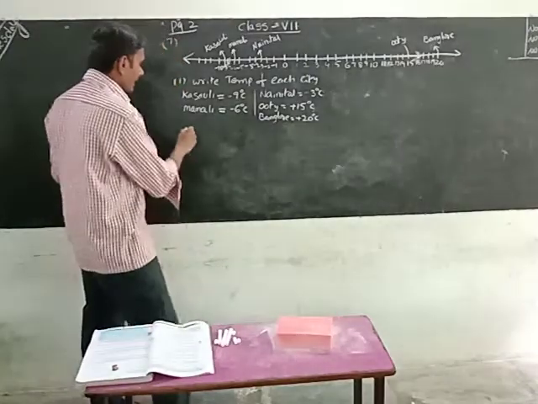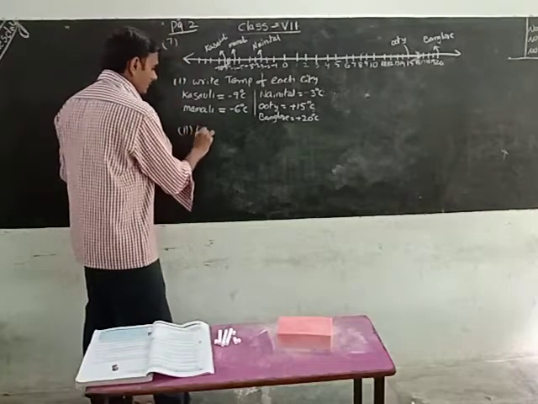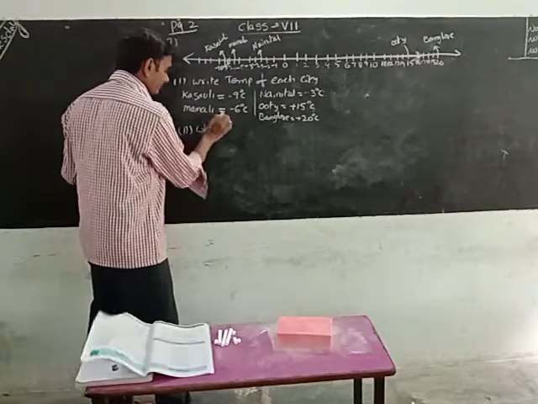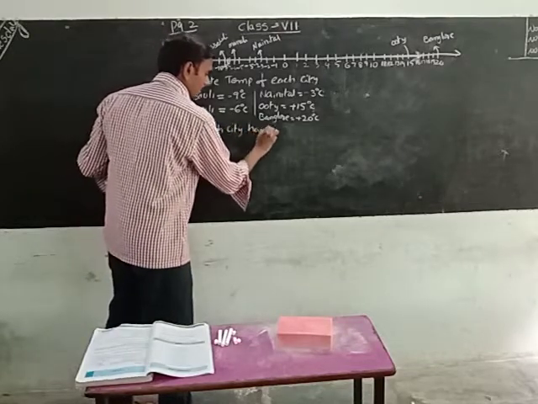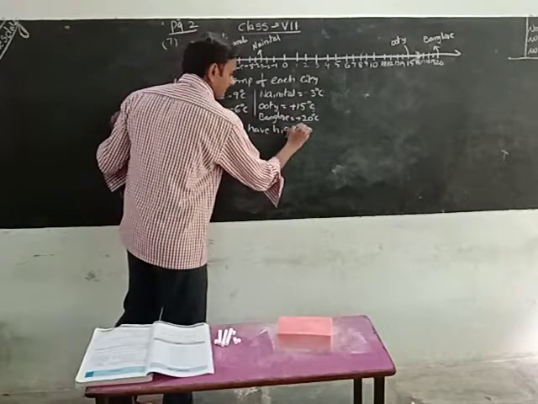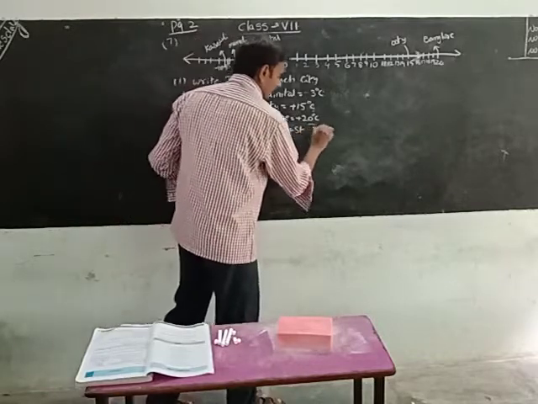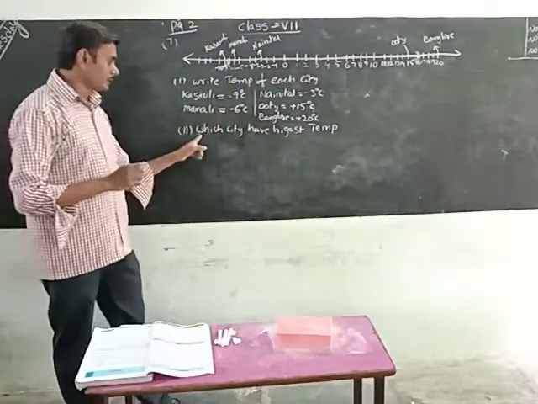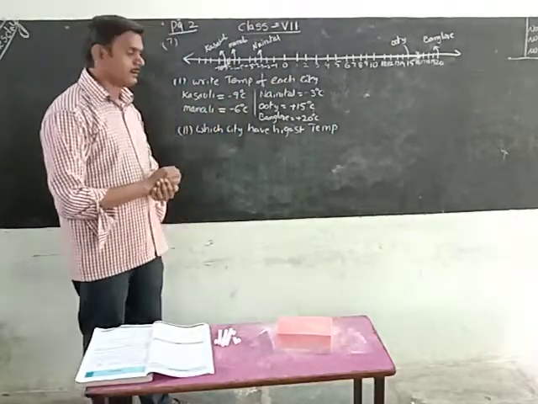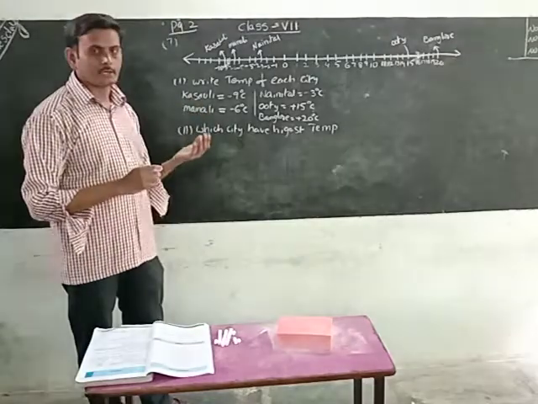Which city has the highest temperature? TEMP means temperature. I am not writing the full form, I am writing the short form. Can you say which city has the highest temperature?